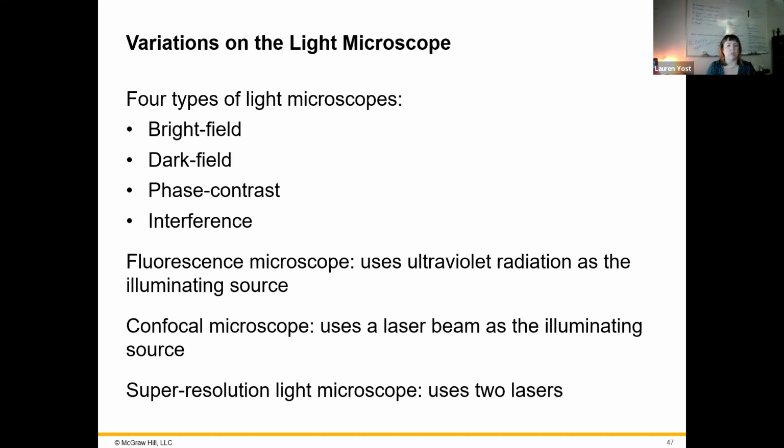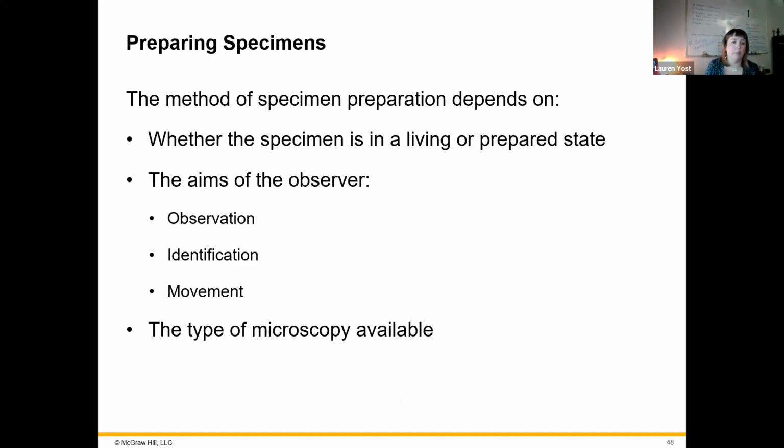Then we have fluorescence microscopes that usually use fluorescently labeled molecules so we can shine certain lights on them and make them glow so we can see certain parts of the cell. And then confocal microscopes that use laser beams that often are paired with some fluorescence, that would allow us to look into parts of the cell and create 3D images. I know nothing about the super resolution light microscope that uses 2 lasers, but apparently that's a thing.